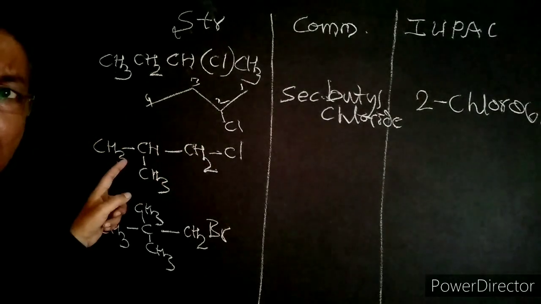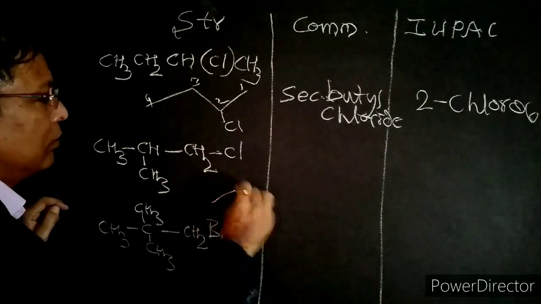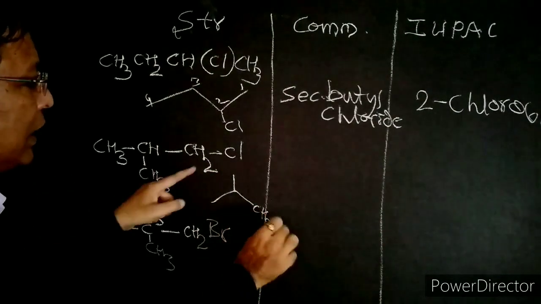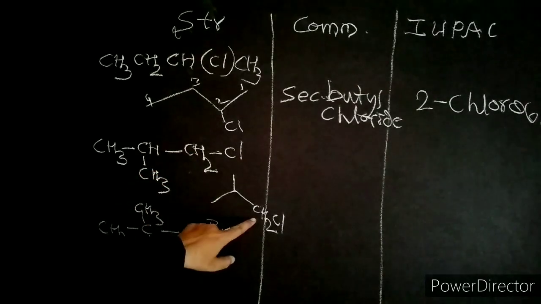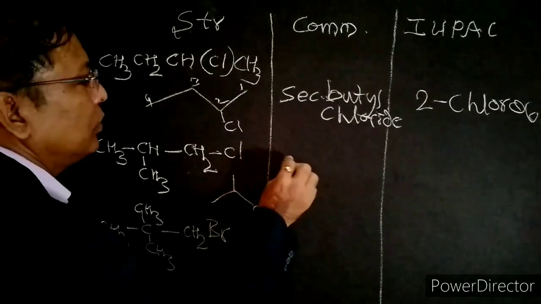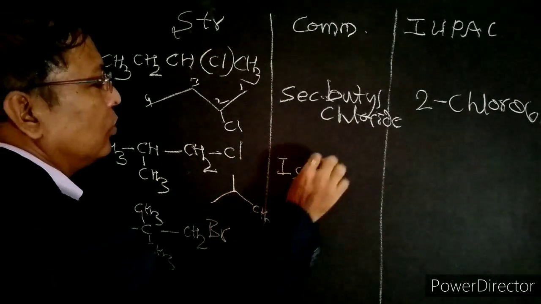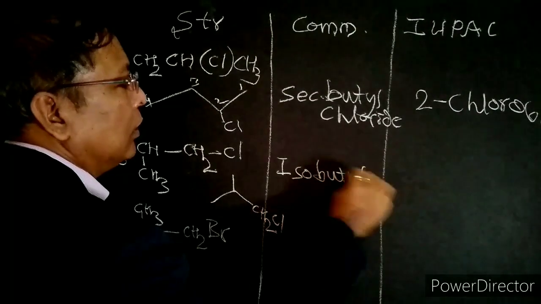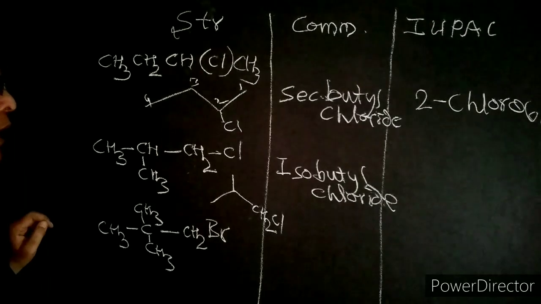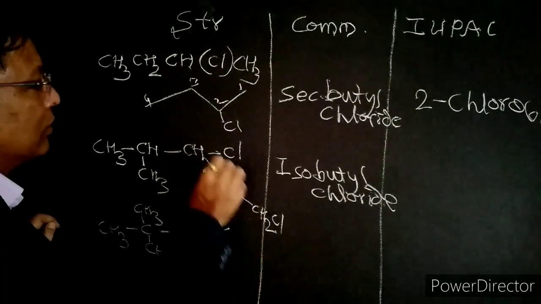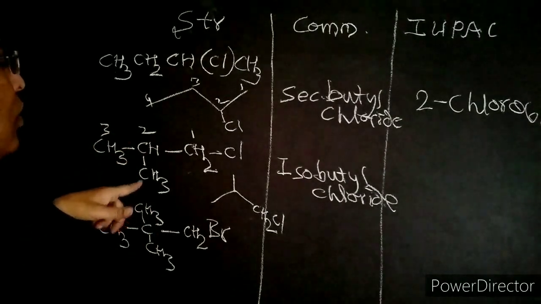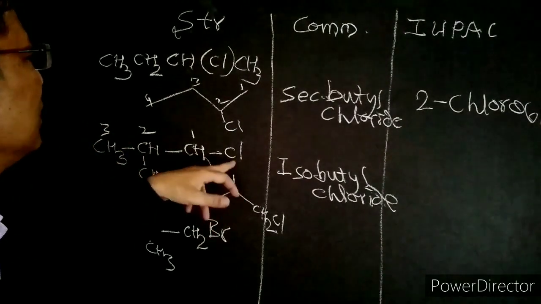Now if we write this bond line structure, it is like this, and chlorine is present on this carbon atom. Therefore, this is isobutyl chloride. And we have to number the longest chain, that is 1, 2, 3. On the second carbon atom, there is a methyl group. On the first carbon atom, there is chlorine.